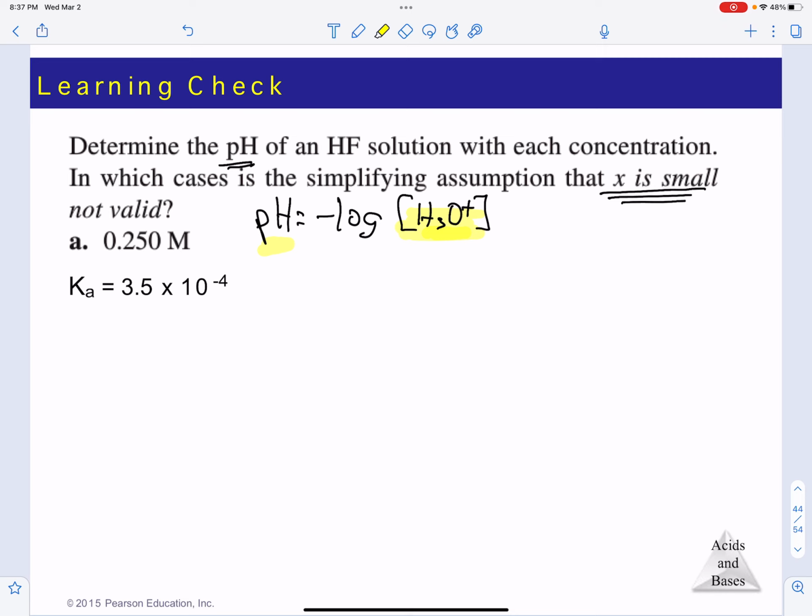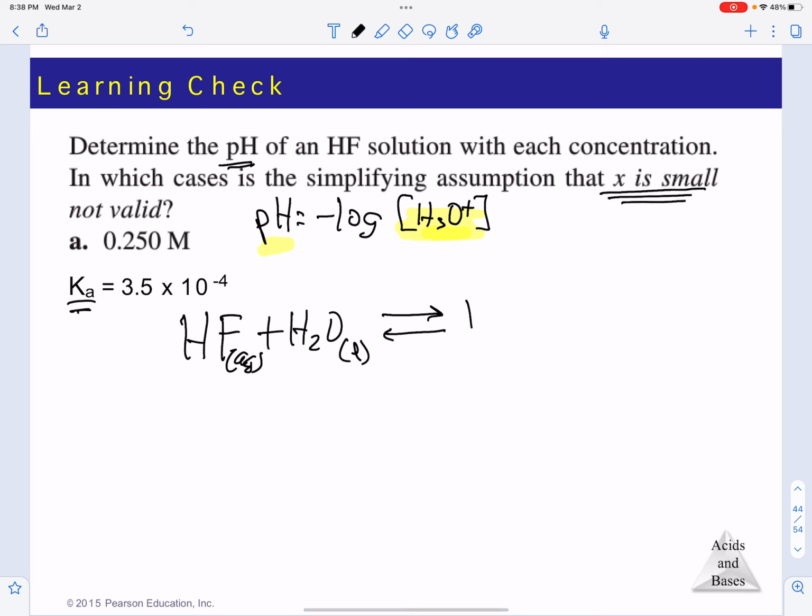So we know that we're dealing with hydrofluoric acid. We're going to be using our equilibrium expression, so we better know the balanced equation. This always happens with water. Hydrofluoric acid is a weak acid, so it's going to establish an equilibrium.